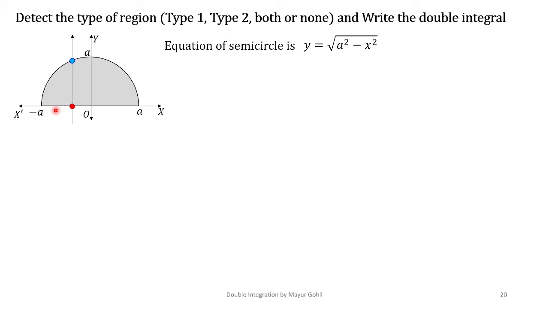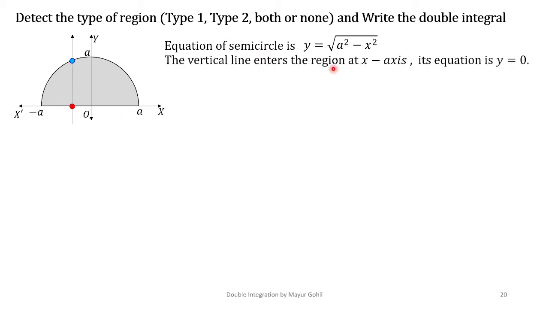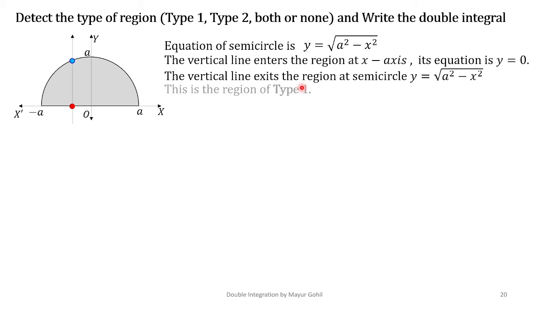So the vertical line enters the region at the x-axis and its equation is y equals 0. It is exiting at the semicircle, so the equation is going to be y equals square root of a square minus x square. Now having understood that this is the type 1 region, we shall write that it is type 1.